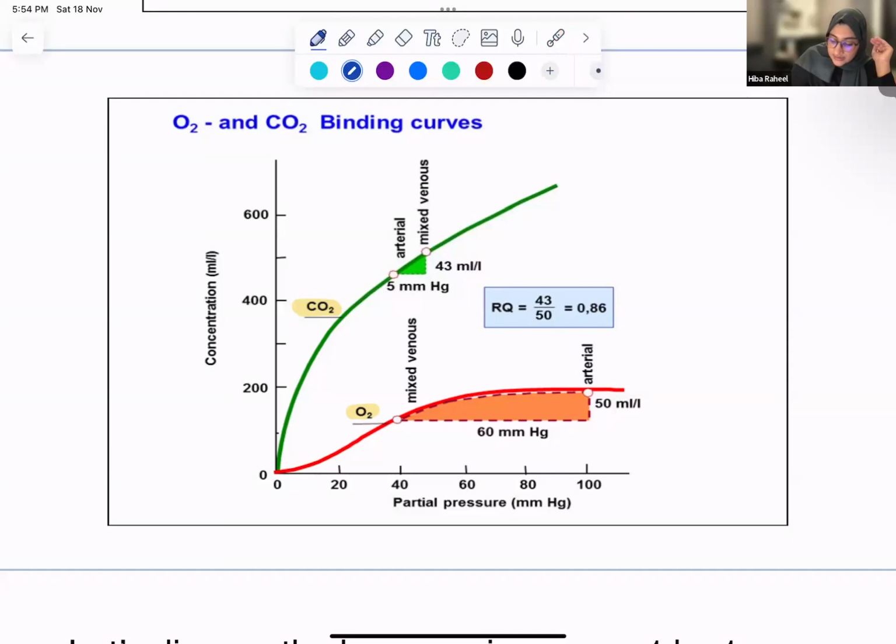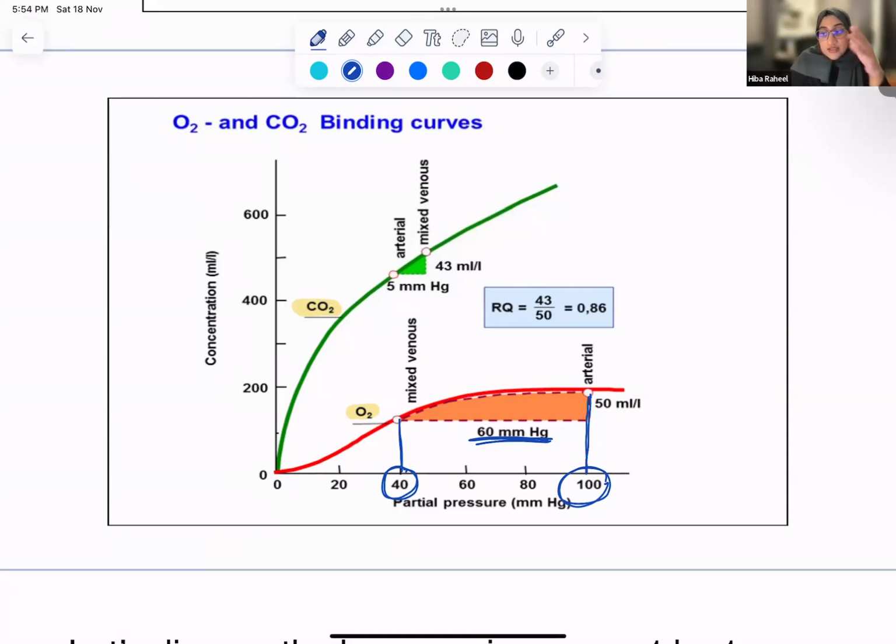You can clearly see that on the arterial side, the partial pressure of oxygen is 100. But as it goes to the mixed venous side, it drops down to about 40, correct? So it decreases. There is a difference of 60 millimeters of mercury in the partial pressure of oxygen.